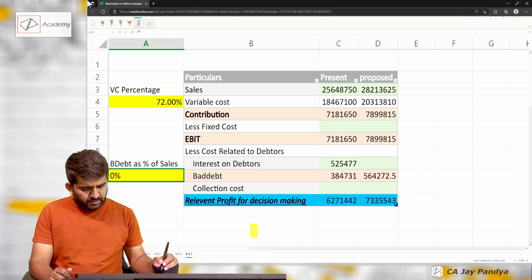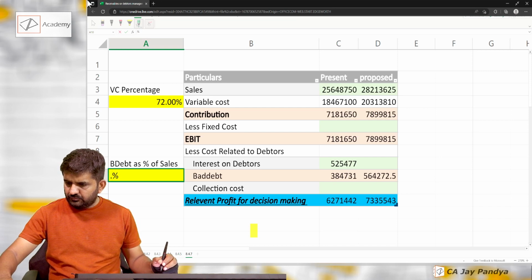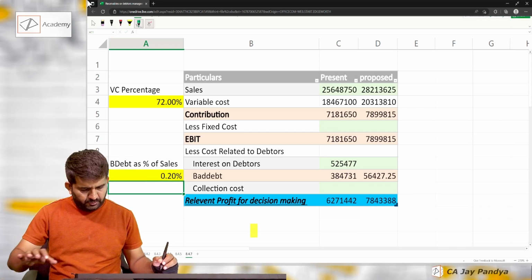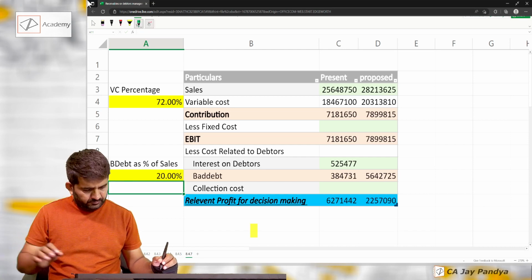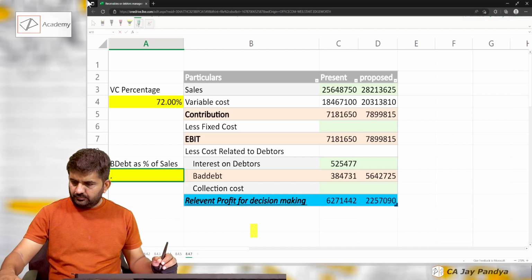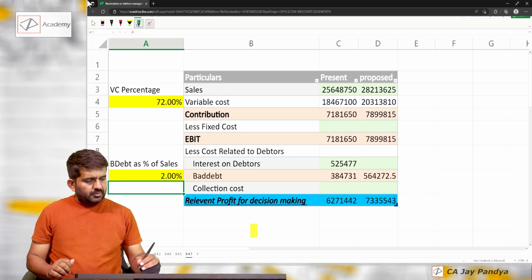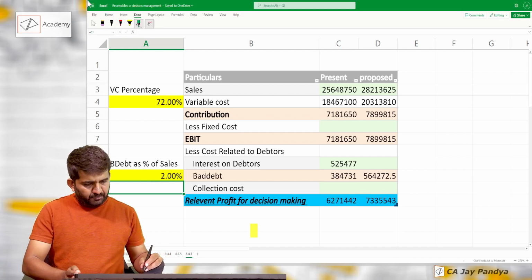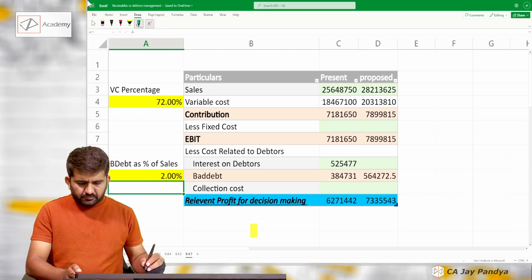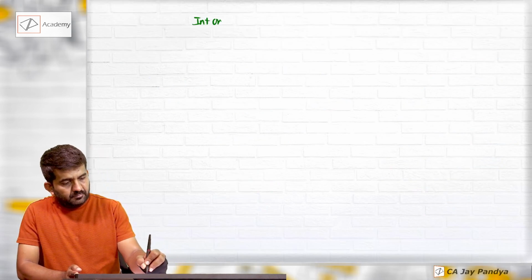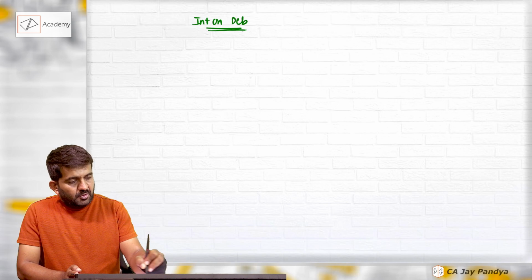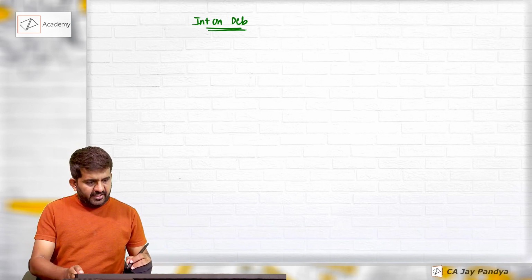Let us find out interest on debtors in the proposed situation. This is a point. We are calculating debtors on variable cost.